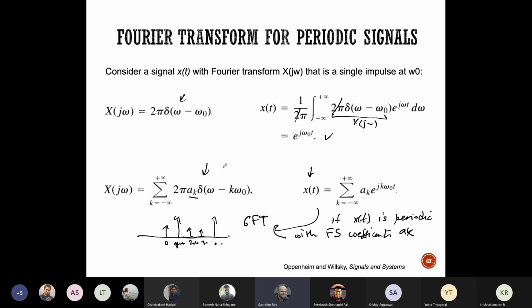So even though I cannot take the Fourier transform of a periodic signal, I can take its Fourier series instead, get the coefficients, and think of the Fourier transform representation as a bunch of delta functions sitting at multiples of omega naught with coefficients given by the a_k's.